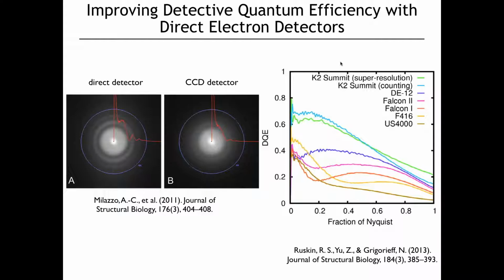And this is just a slide showing the improvement in the DQE, essentially the signal-to-noise ratio at different spatial frequencies, between direct detectors and conventional CCD detectors.